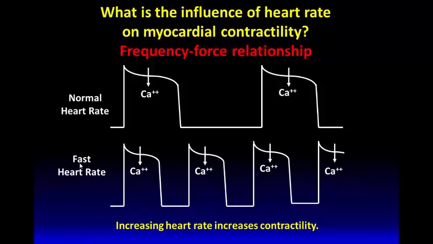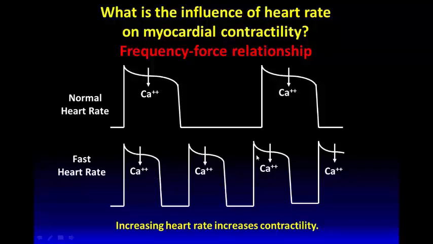Obviously, with fast heart rates, the number of cardiac impulses generated from the sinoatrial node increases, and each cardiac impulse generated from the sinoatrial node will trigger an action potential in the contractile myocytes. Thus, the number of action potentials generated by the contractile myocytes would increase. So we'll have more plateau phases.